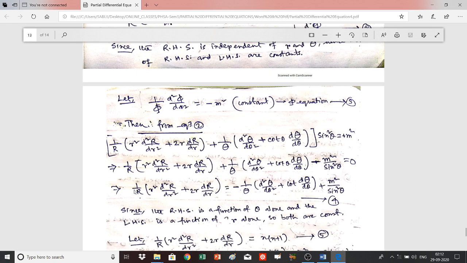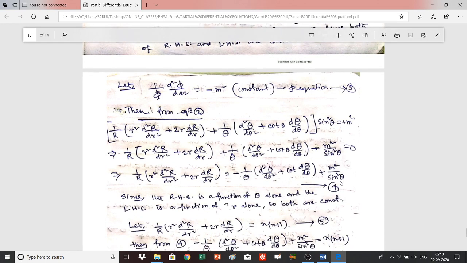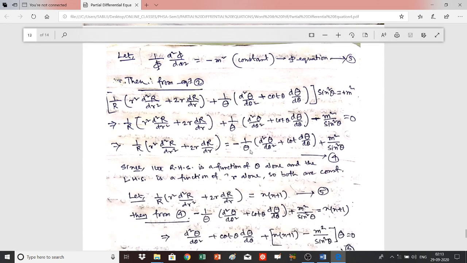That is equal to 0. Or from here, 1 by r square d2r by dr square plus 2r dr by dr is equal to, just take these two terms to the right hand side, 1 by theta d2 theta by d theta square plus cos theta d theta by d theta plus m square by sin square theta. So here the right hand side is a function of theta alone, and the left hand side is a function of r alone.